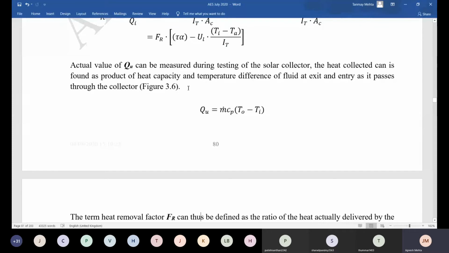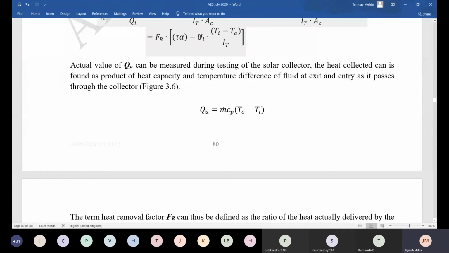Now here, how are you going to draw the graph for efficiency? This is the equation for efficiency. We would like to write the equation in this form, but beforehand you don't know these parameters, like what is FR for my collector. Unless I test the collector, I won't get it. What is UL for my collector?